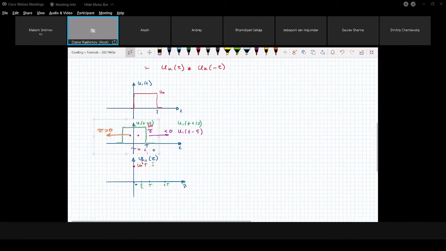Okay, and what will be the result of the integral of this correlation? Exactly. Because if we look at this picture, we see that they overlap only in the range from 0 to t over 2. And what's the amplitude for both rectangular pulses in this range? It's u0. Then we get u0 squared times t over 2.